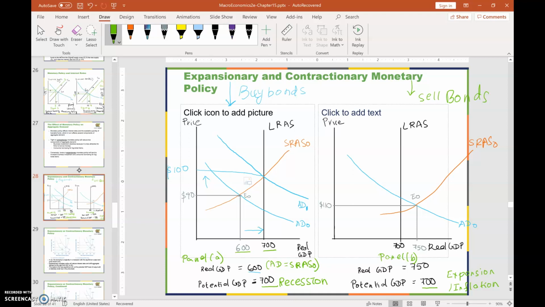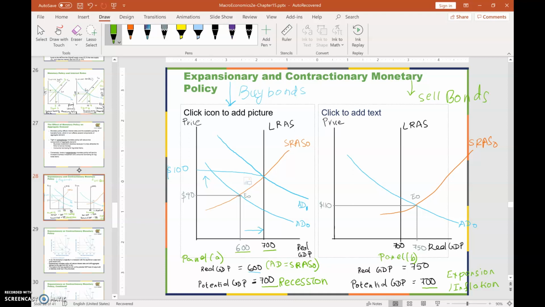I have aggregate demand, aggregate supply, and long-run aggregate supply. The potential gross domestic product is 700. This is associated with the long-run aggregate supply curve.